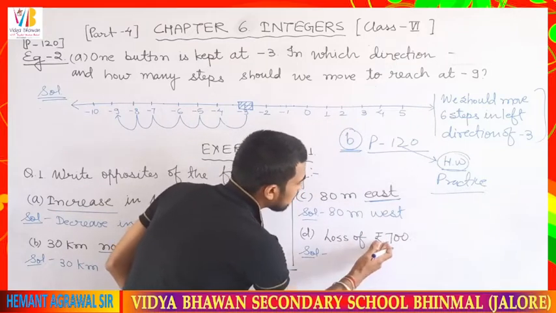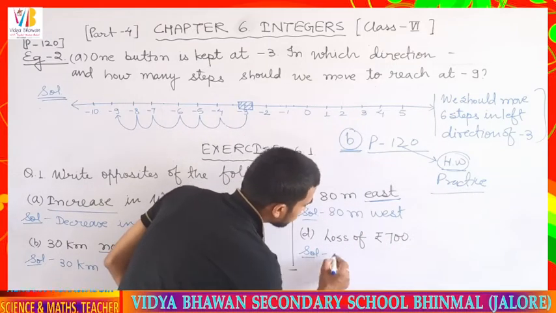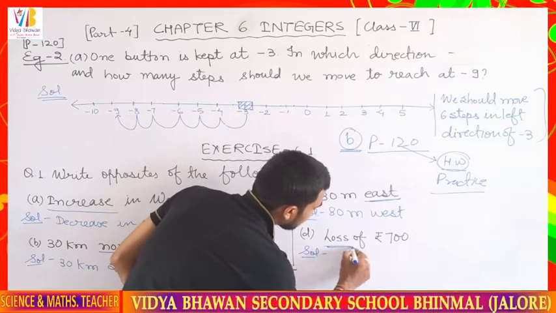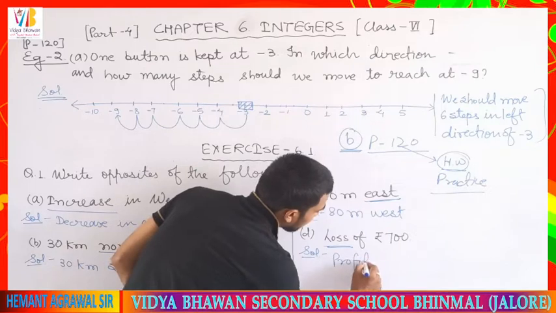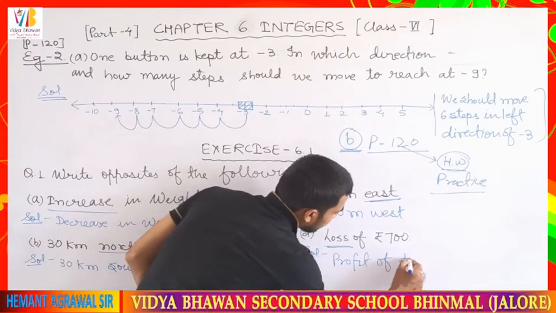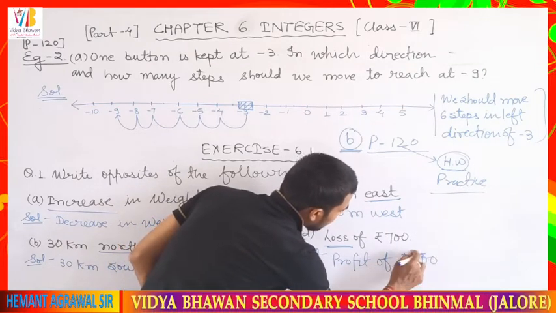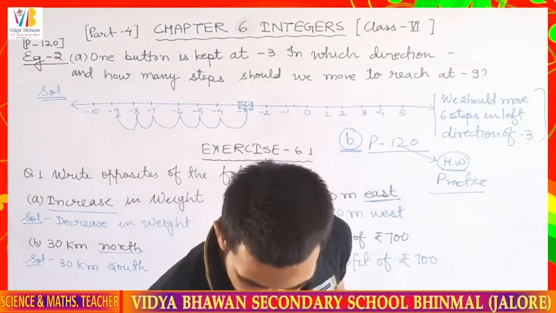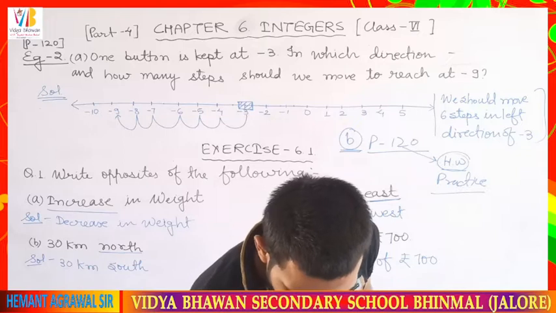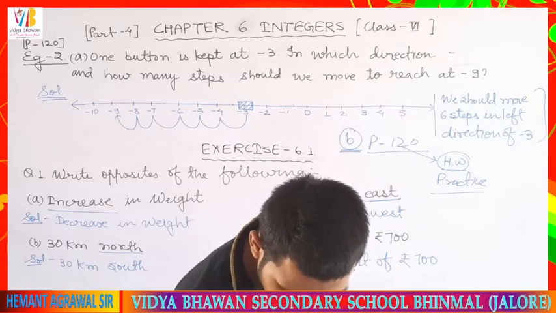And loss of rupees 700, and we can write the opposite of loss is profit of rupees 700. Okay, now there is one question remaining here.